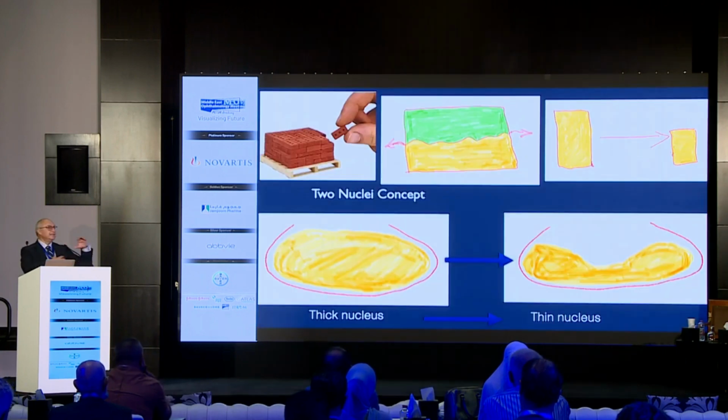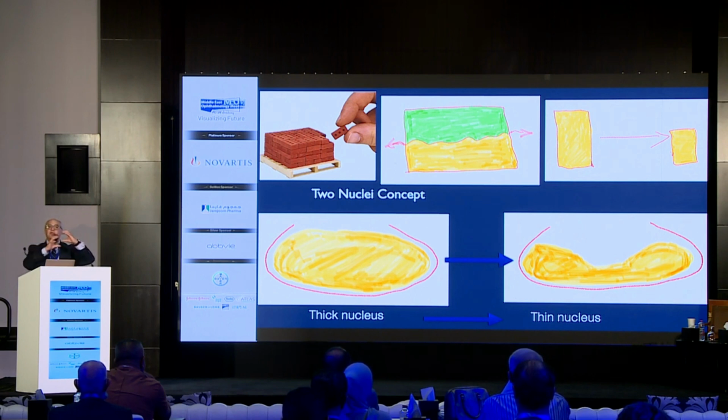So the idea I have, the term I call it, is the two nuclei concept. It's a thick nucleus, so we consider it in your mind as two nuclei. So you want to get rid of the extra nucleus to deal with the remaining nucleus in the same way you are used to. Because when you have a thick nucleus, if you use your ordinary technique, you have a problem going deep.